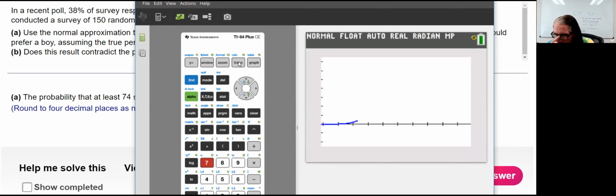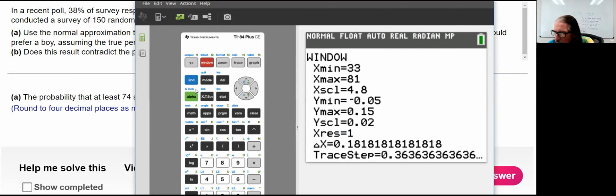And then it's going to keep on going. Now my window can only go as far right as 81. And I'm not going to take the time to explain how I came up with that.